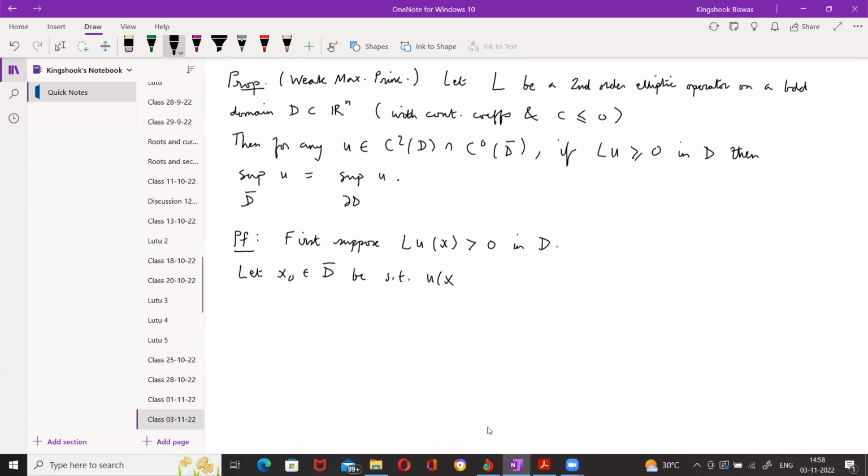So u of x naught is equal to sup over D closure of u. So if x naught belongs to the boundary of D, we're done.